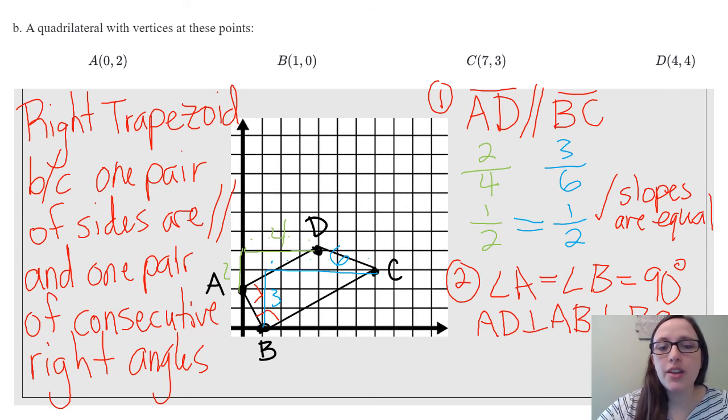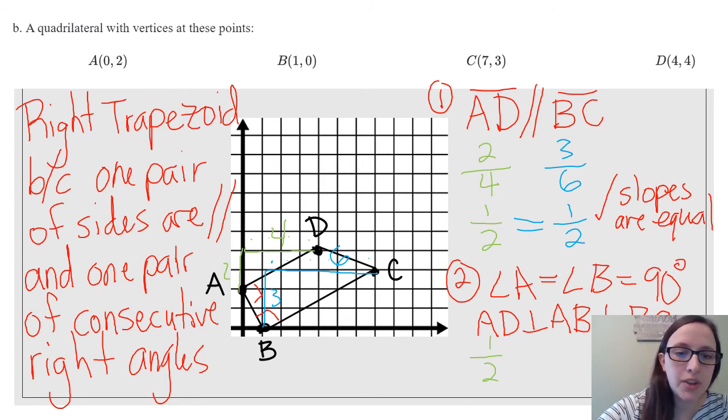All right. Whereas proving that the lines are perpendicular, the slopes need to be opposite reciprocal. So I already know that AD is 1 over 2. I already know that BC is 1 over 2. And so that means I need to prove that line AB is -2 over 1 for that to be opposite and reciprocal. And so if you count from A to B, it is down 2 and over 1.